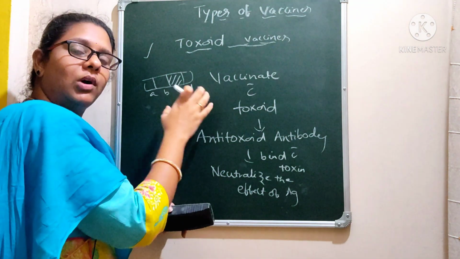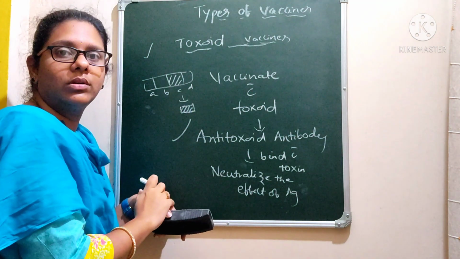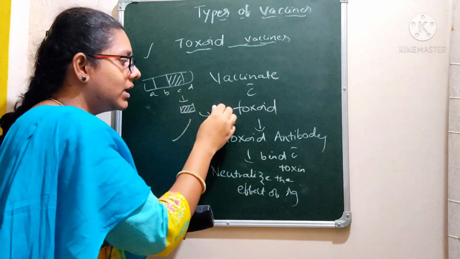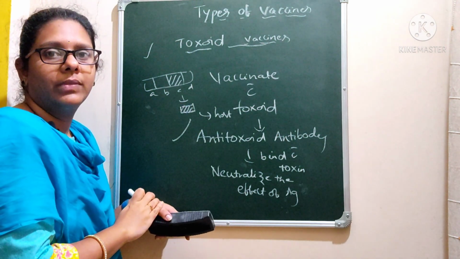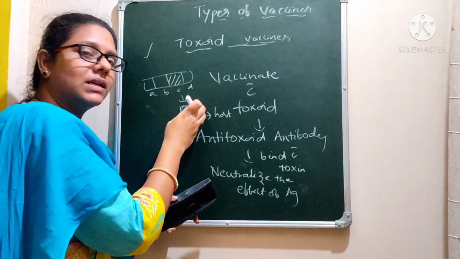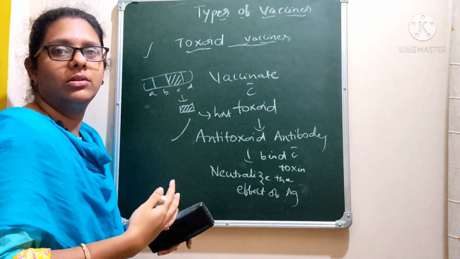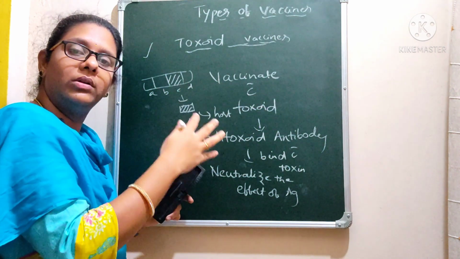In that process, we have to isolate a gene that codes for the exotoxin. In the next step, we are going to introduce this gene into a host organism and make it express. Now what happens when this gene is expressed in the host? We can get sufficient quantities of exotoxin. Once we get sufficient quantity of exotoxin, what are we going to do in the next step?